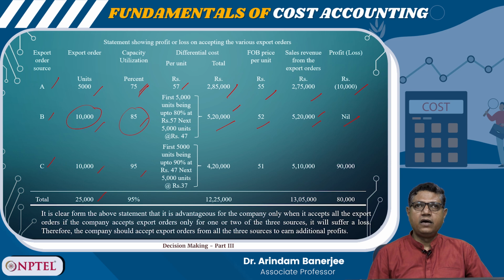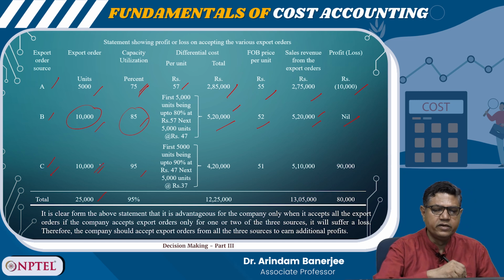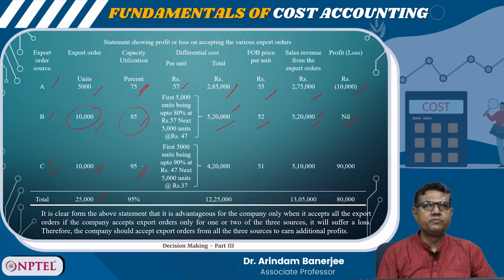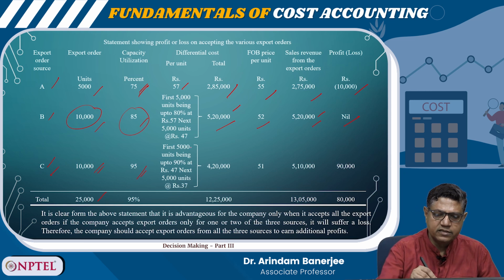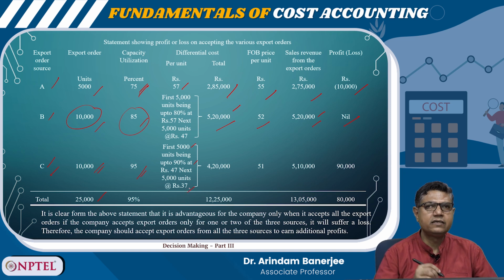If we now consider the export order from source C, it is also of 10,000 units. The utilization percent will go up to 95%, right. So, the first 5,000 units, up to 90%, are at rupees 47, and the next 5,000 units at 37.